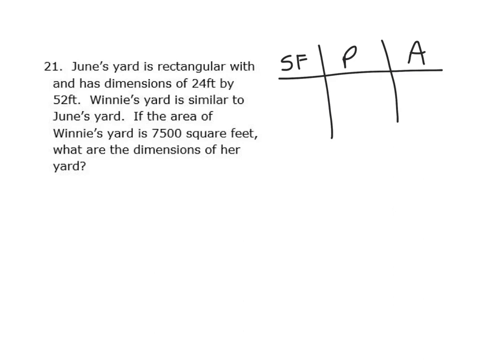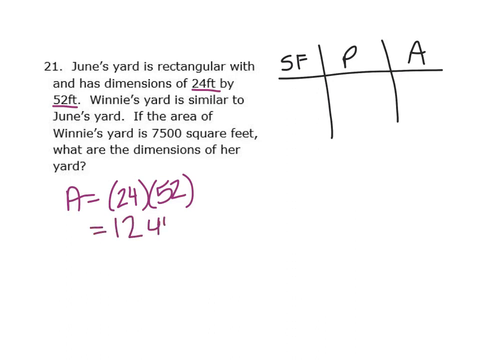So if we take June's yard, the area of June's yard is going to be 24 times 52, and that comes out to 1248. So the area is going to be 1248 for June against Winnie's, which is 7,500.